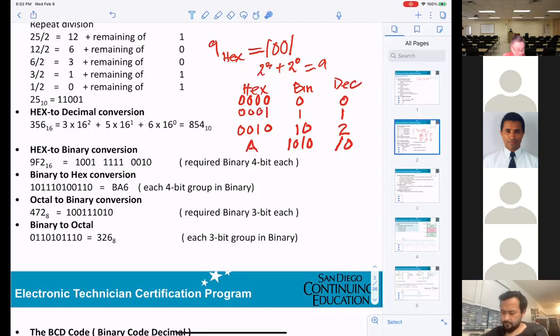If you type in this binary, the computer cannot understand. However, if you type in BA6 in hex, they understand this number. The thing is, in the computer there is circuitry converting this to binary, so the computer can understand.